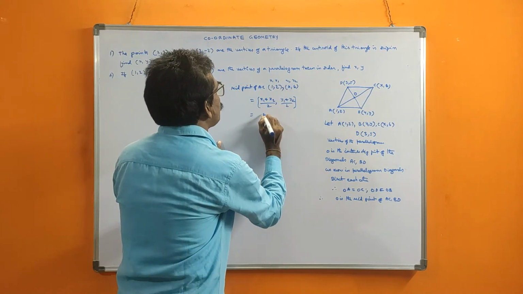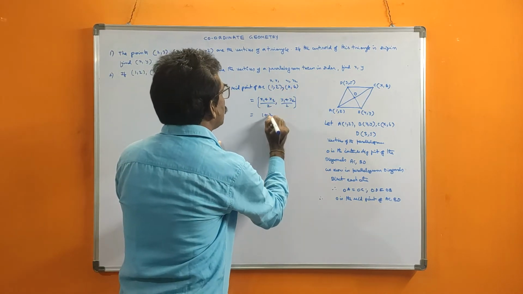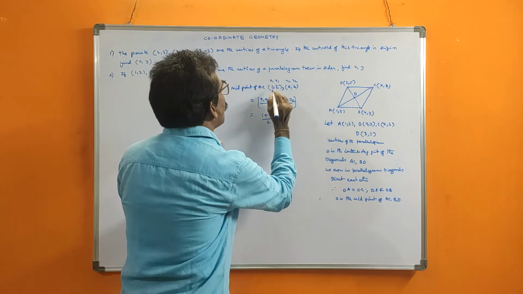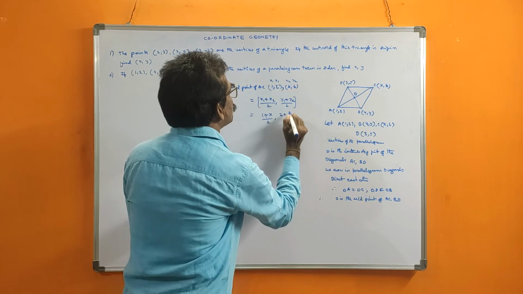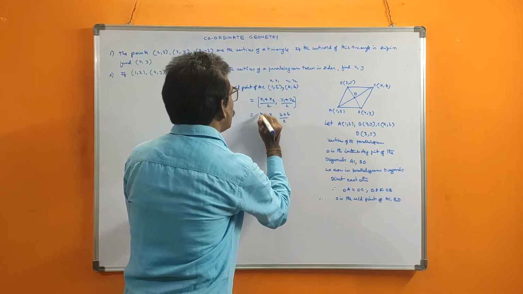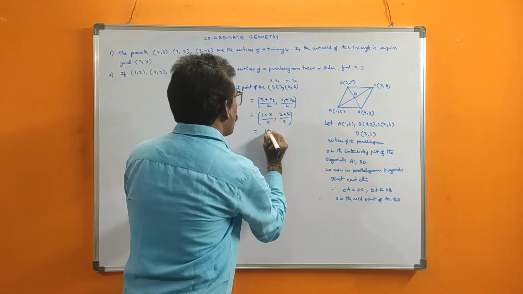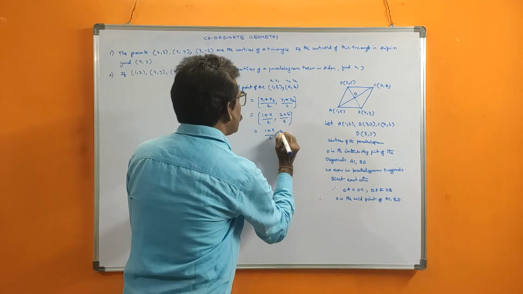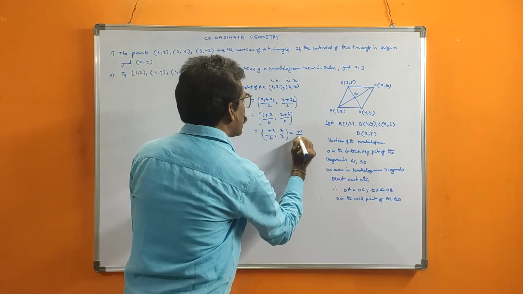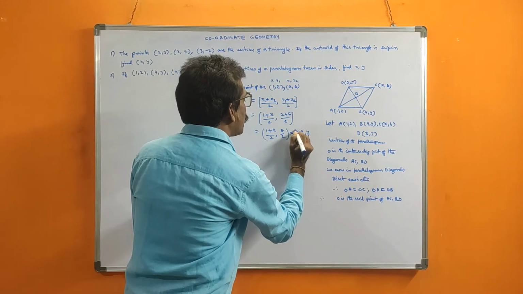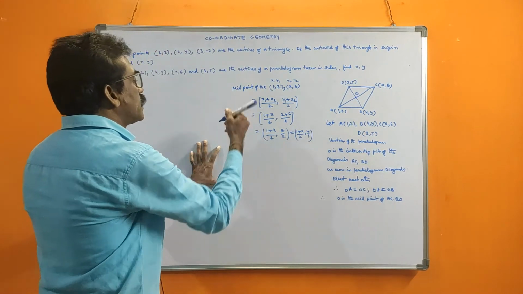Substitute the values. x1 is 1, x2 is x, so (1 plus x) by 2. Here y1 is 2, y2 is 6, so 8 by 2. Further simplified: (1 plus x) by 2, comma 4 by 1. This is the midpoint of AC.